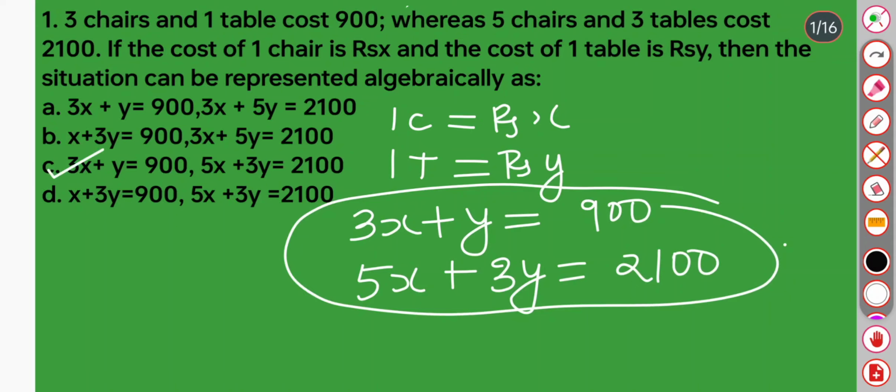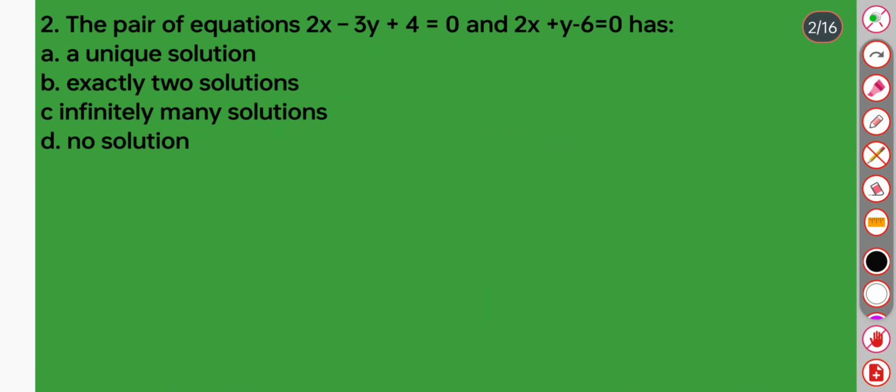Okay, now let's move to question number 2. See what is given. The pair of equations 2x minus 3y plus 4 equal to 0 and 2x plus y minus 6 equal to 0 has: option A, unique solution; option B, exactly two solutions; option C, infinitely many solutions; option D, no solution.